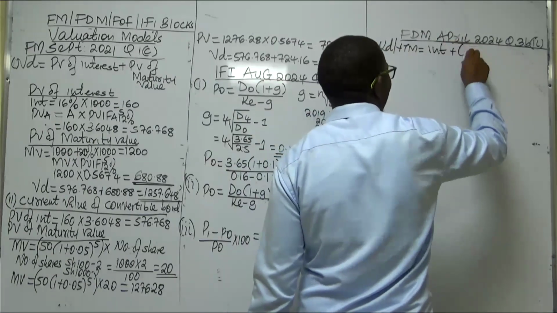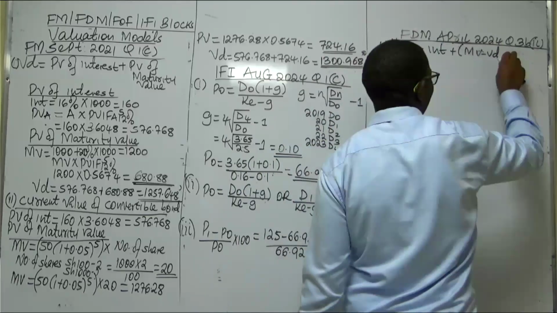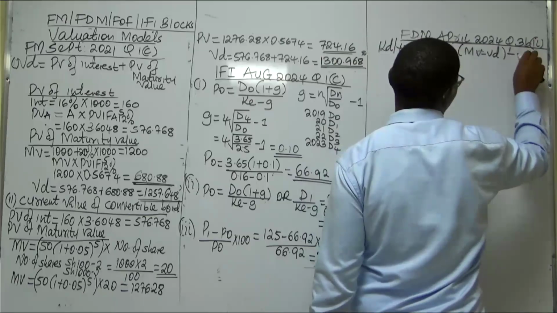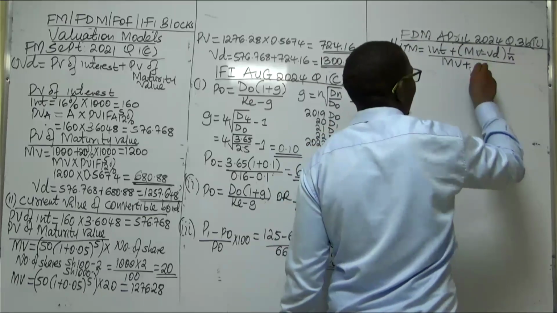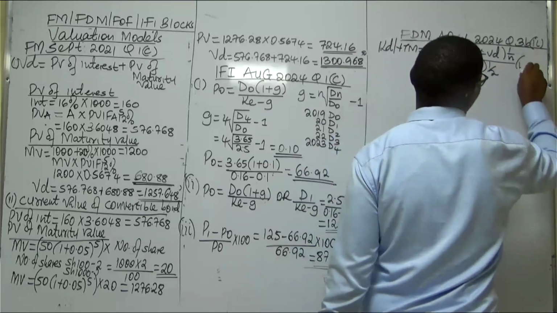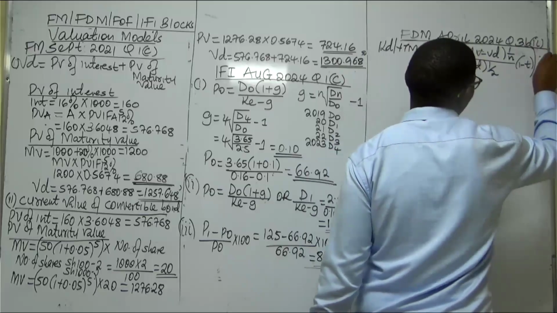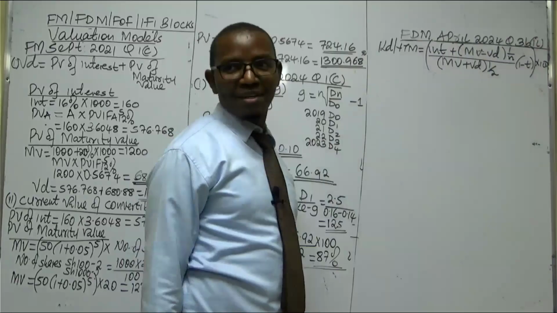Interest, plus the maturity value minus the value of the bond, multiplied by 1 over n, then divide by maturity value plus value of the bond, times 1 over 2, times 1 minus the taxation, then you multiply by 100. In that way you get the return.